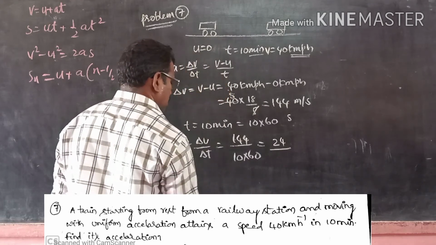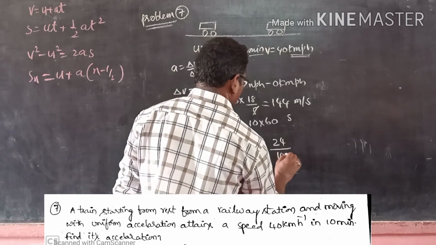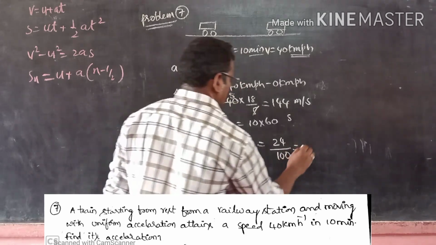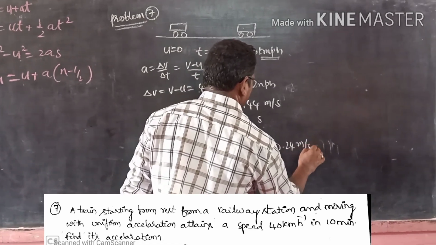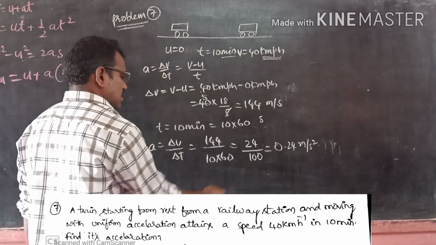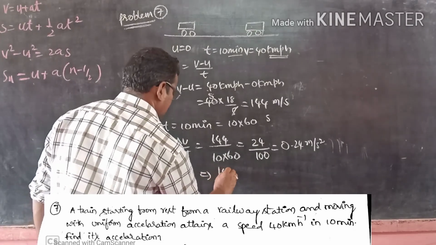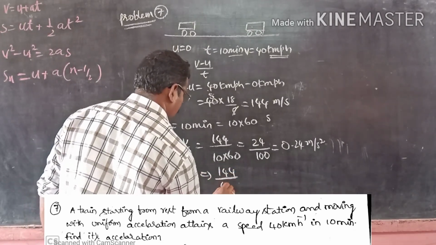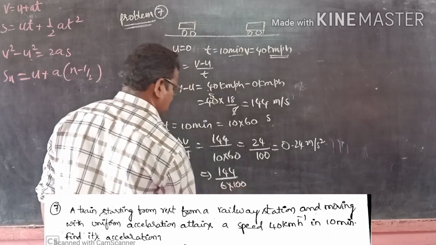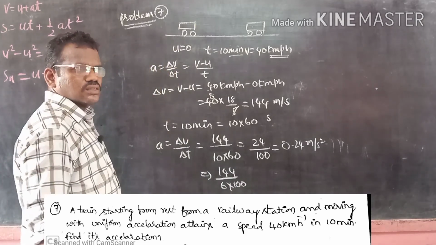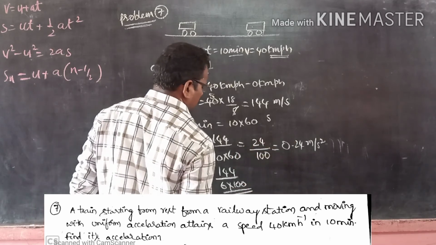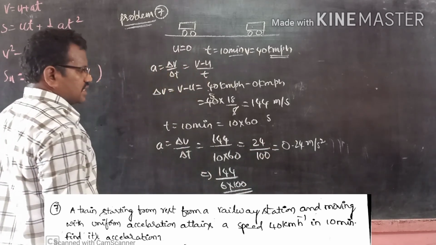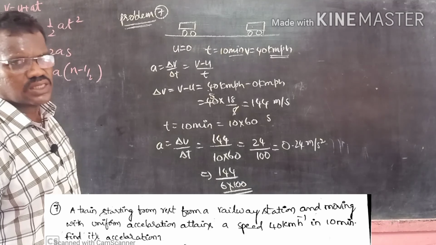Total divided by 1 0 and 1 0 is left, so it becomes 100. Now it can be written as 0.24 meter per second square. Sir, how is it possible? This can be written like this also, 144 by 6 into 100. So for easy calculation purposes we are going to do like this. Let us solve some more problems in the next class.